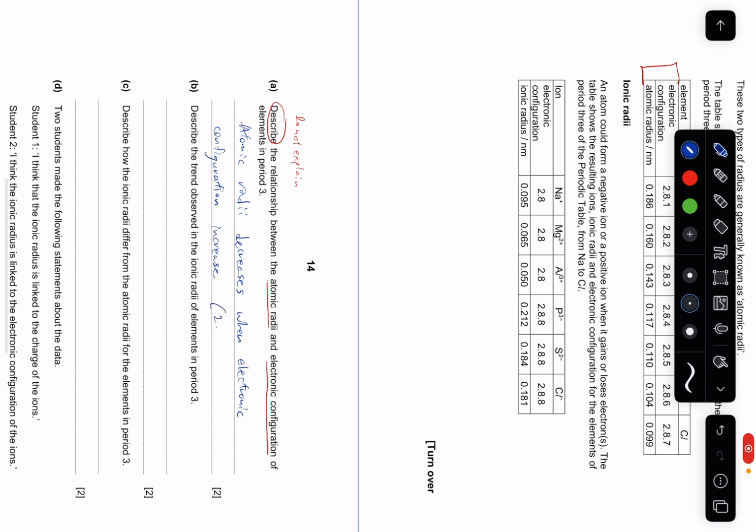You can see it goes from 281 to 282 and so on and so forth. That's all. Because it's a describe question, you just describe. Okay, next one.